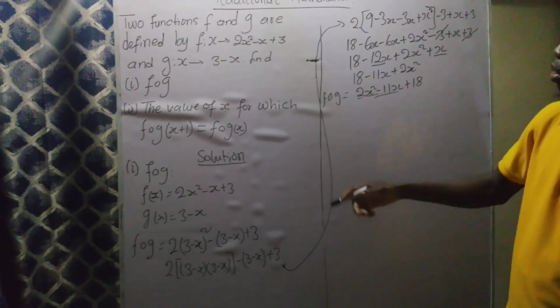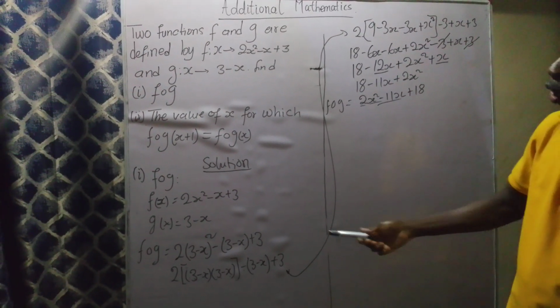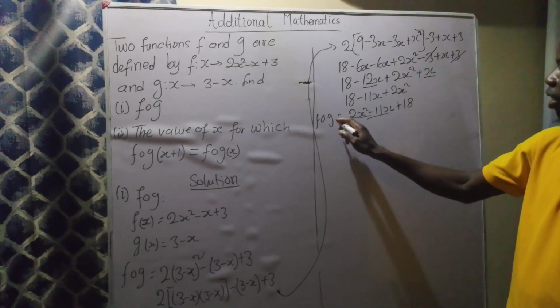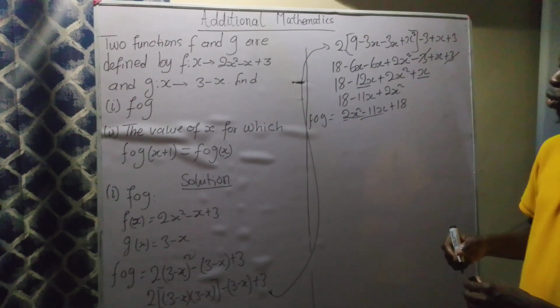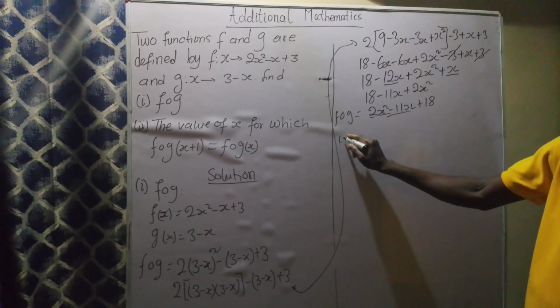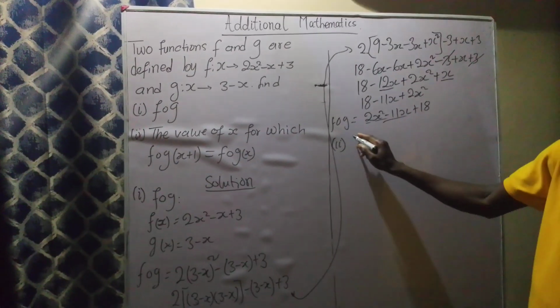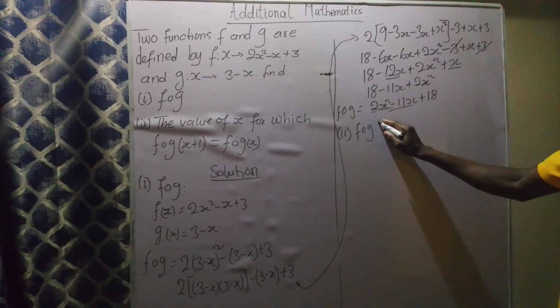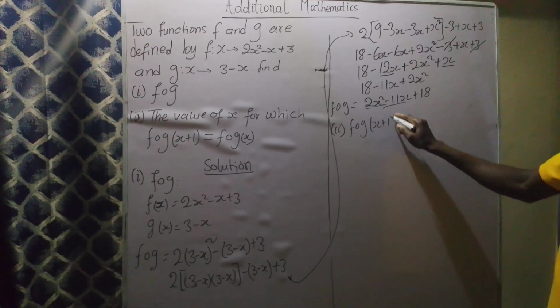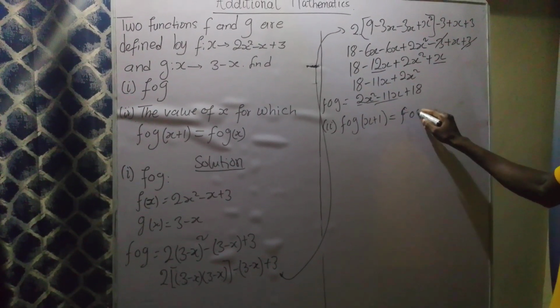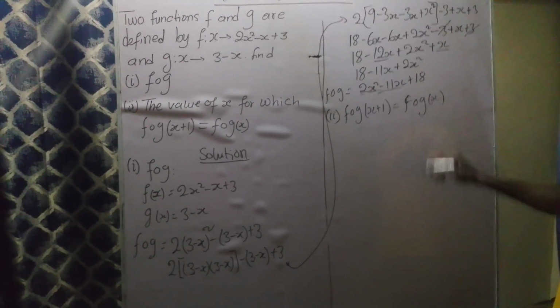Now let's move on to work out the second part. So this is the answer to f of g, that is the first part. Now let's look at the second part. It is demanding us to find f of g of (x plus 1) equal to f of g of x.